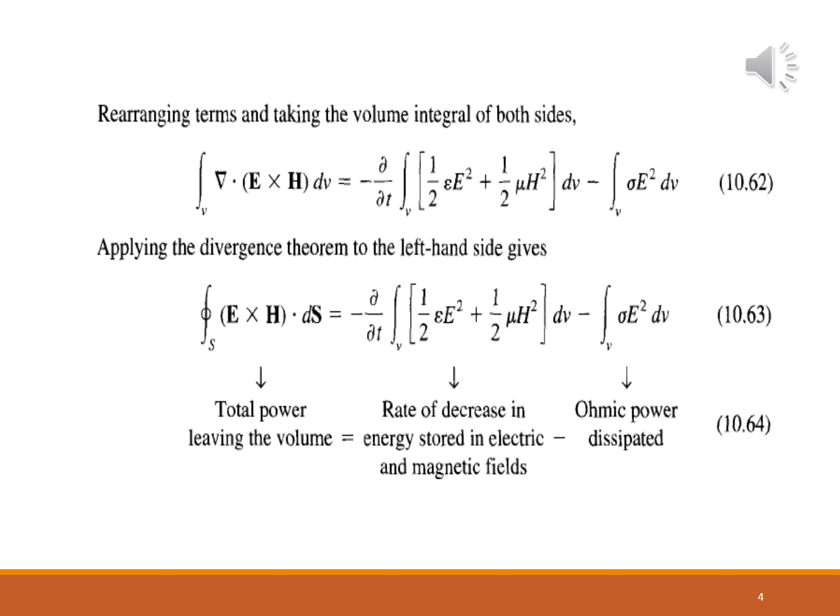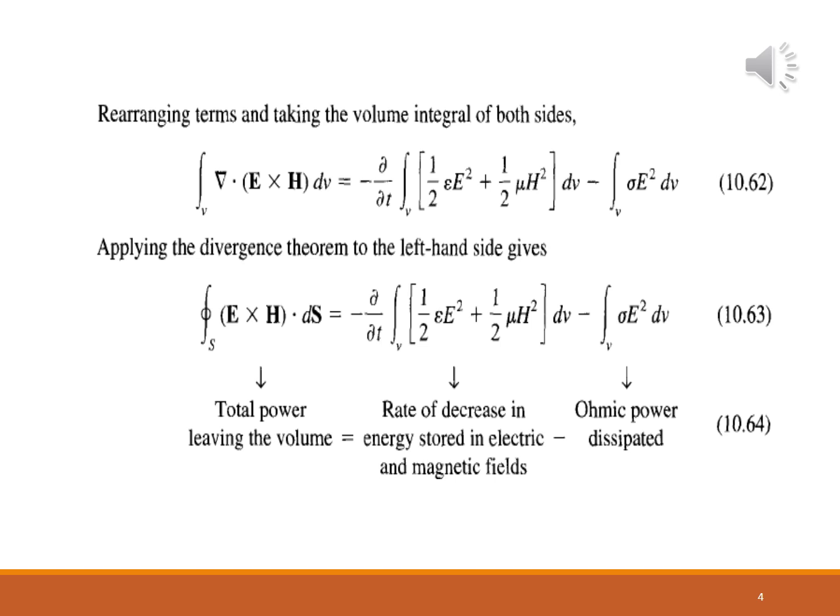Using the divergence theorem, which relates the volume integral and the surface integral, I can write the left hand side as equation 10.63. You should not be having any confusion at this point, because we've already done a lot of derivations and a lot of problems related with the divergence theorem.